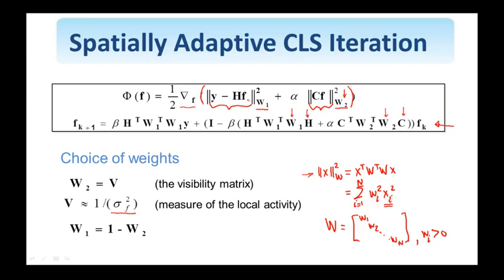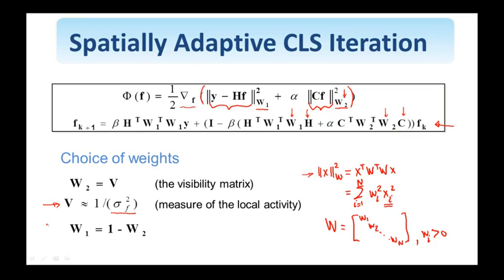Now, a question is, how do we calculate the V here, for example, the local activity? All we have available is Y, which is a noisy image. So we can work with that and try to remove noise and then find the local activity. Or alternatively, we can update these matrices as the iteration progresses.